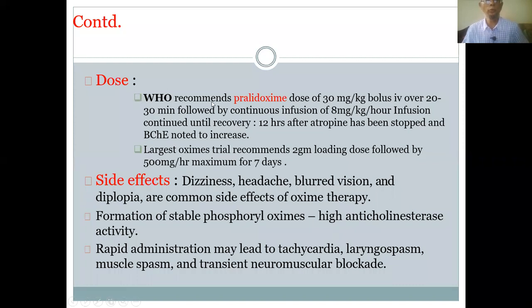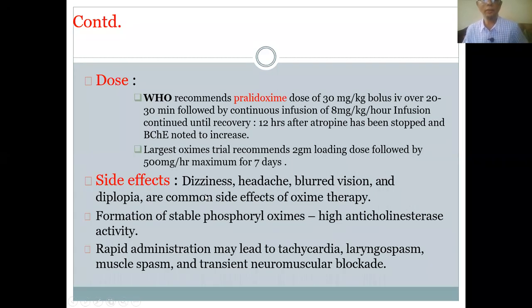As for the dose, WHO recommends a pralidoxime dose of 30 milligram per kg bolus over a period of 20 to 30 minutes, followed by a continuous infusion of 8 milligram per kg per hour, continued until recovery, 12 hours after atropine has been stopped, and acetylcholinesterase enzyme noted to be increased if you can measure it. The largest oxime trial recommends a 2 gram loading dose followed by 500 milligram hourly, maximum 7 days, not more than this.